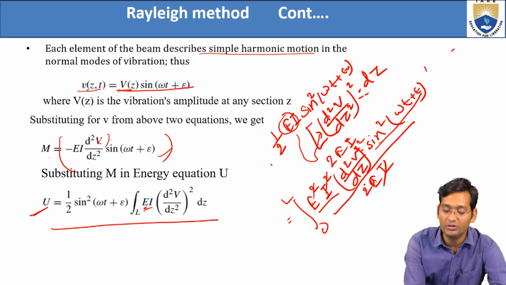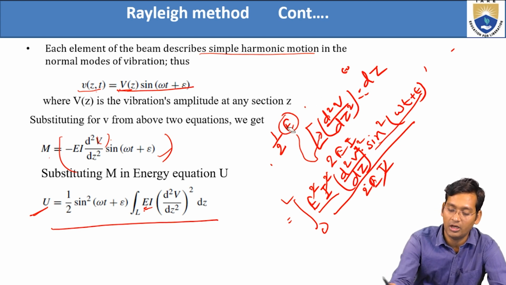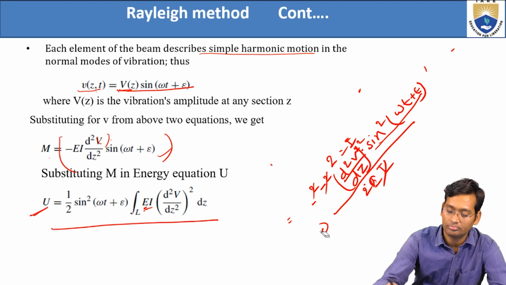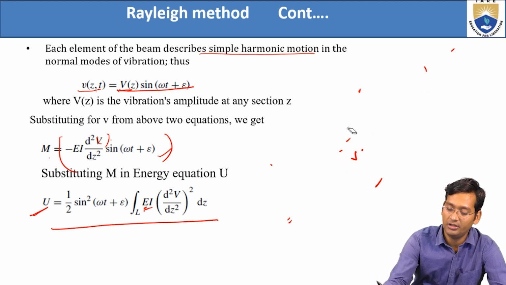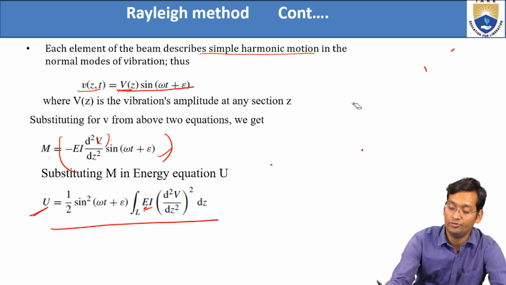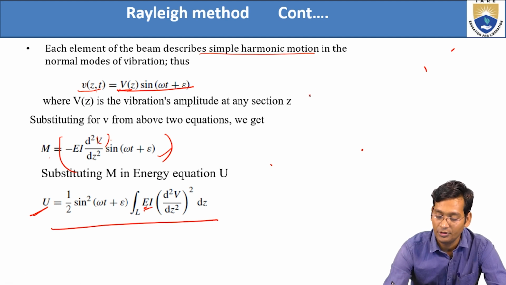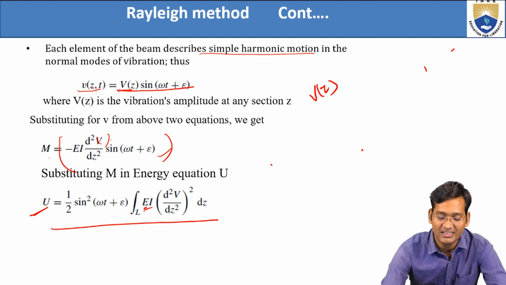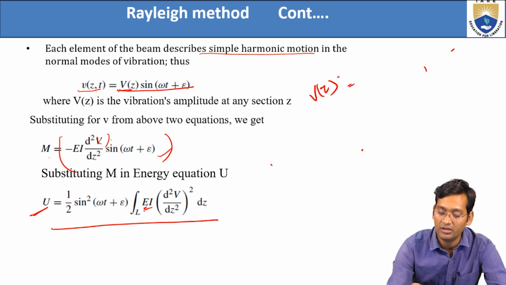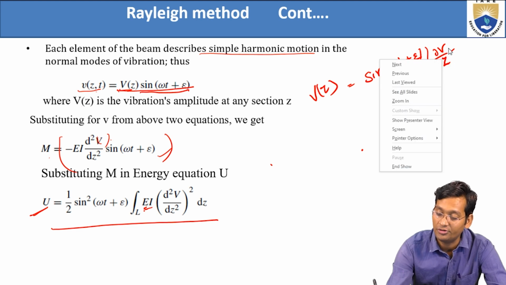Just see here, this we can differentiate in two ways. Let's see how. I am differentiating separately with respect to t and with respect to z, and we can see how to substitute. First I am substituting with respect to z. So in v of z, z is the variable and other things are constant, so sine omega t plus epsilon is constant, and it is dou v by dou z.